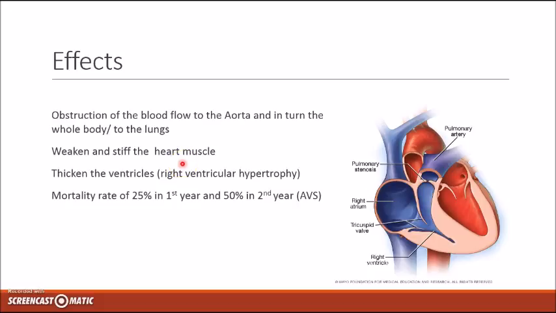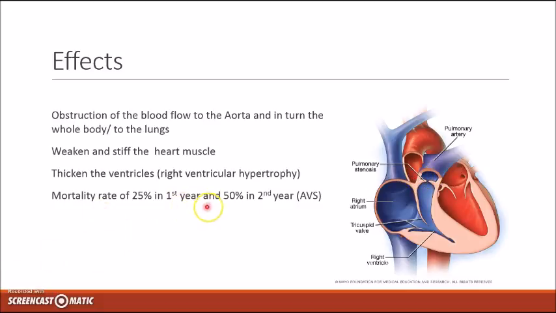Pulmonary valve stenosis can cause the same, and also what is known as right ventricular hypertrophy, in which the right ventricle muscles start to thicken a lot to be able to push the blood through the small opening of the valve.